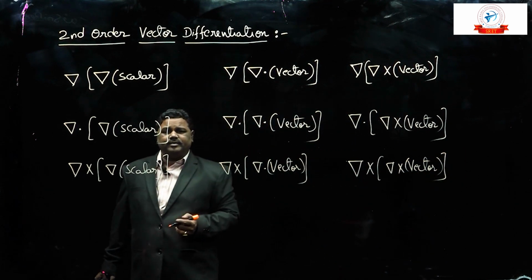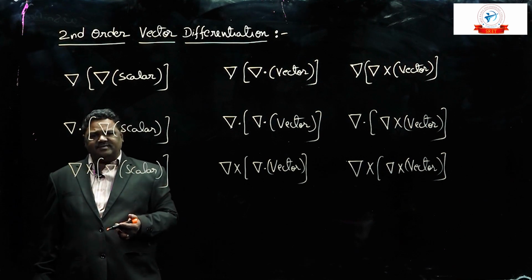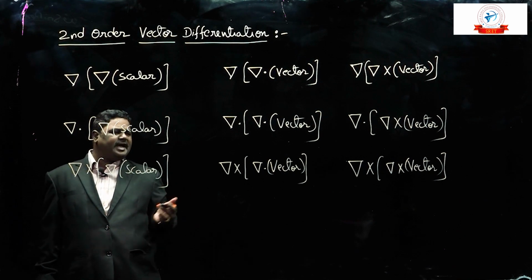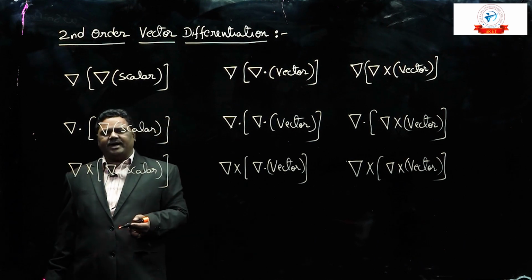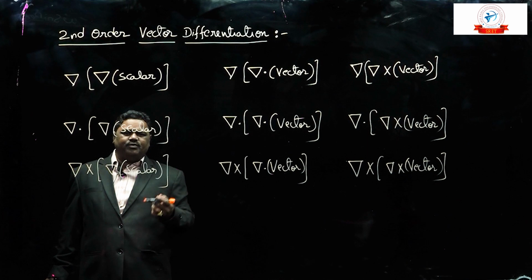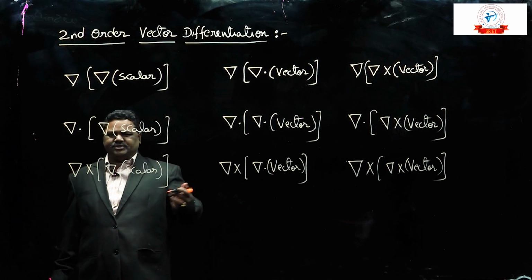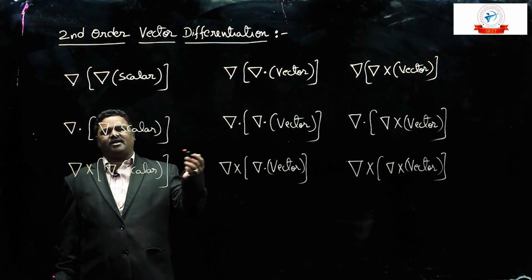So from 3 first order differentiations, applying all the combinations of second order differentiations, we got 9 combinations. Among all these 9 combinations, we need to find which are valid second order differentiations and which are invalid. Then we will discuss the valid ones in detail.